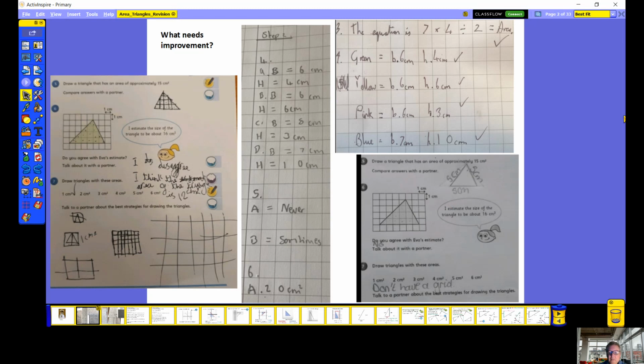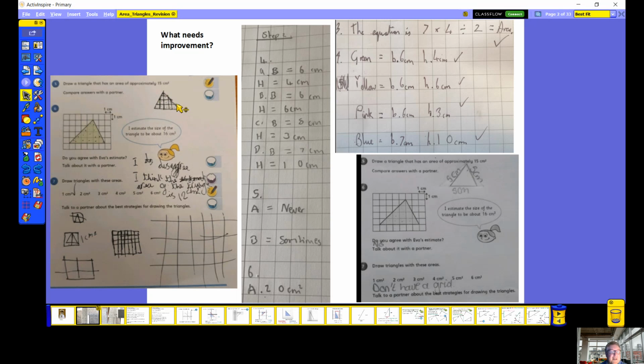Before we move into the questions, I'd really like you to have a look at this. Here's some examples of some maths that I've been receiving, and I wonder what you think needs improving. Take this question. It says draw a triangle that has an area of approximately 15 centimeters squared.